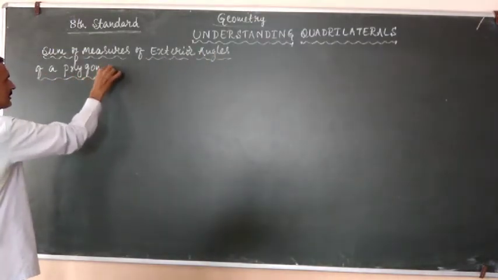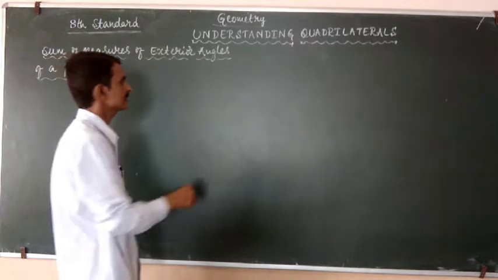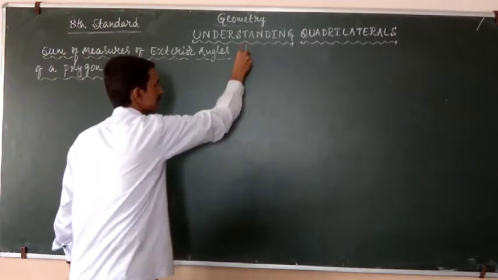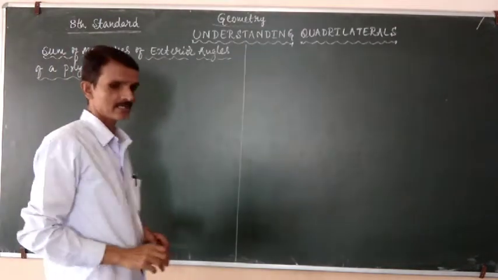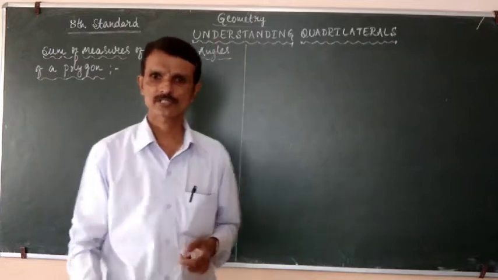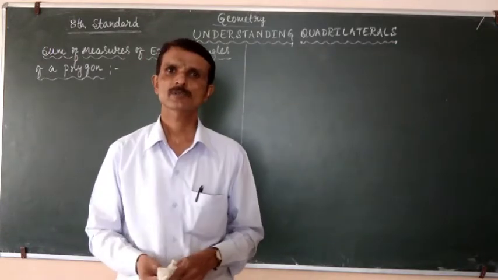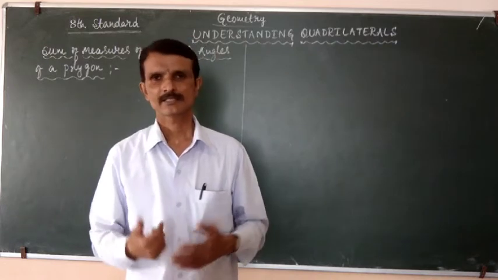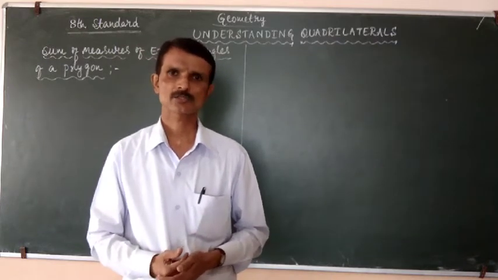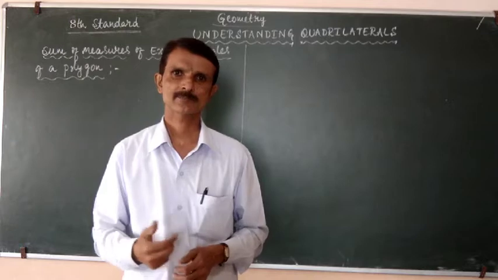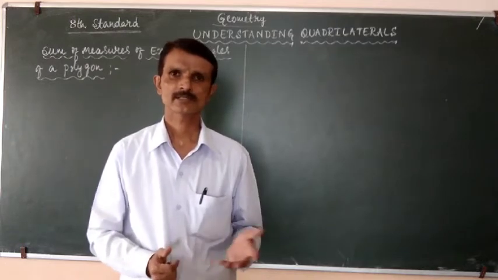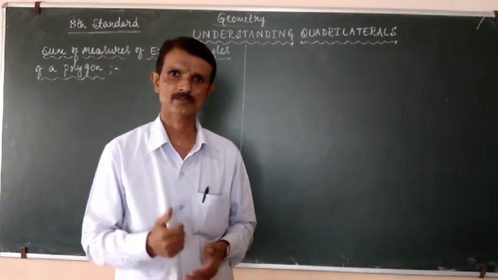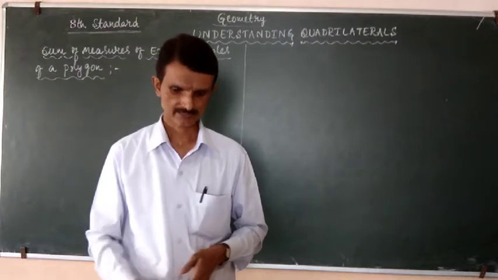If a polygon has three sides, it is called a triangle. If a polygon has four sides, it is called a quadrilateral. If a polygon has five sides, it is a pentagon. If it contains six sides, it is called a hexagon, then heptagon, nonagon, decagon. Similarly, you have already studied that.